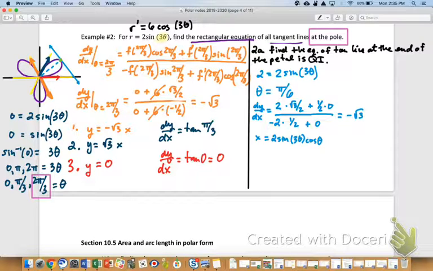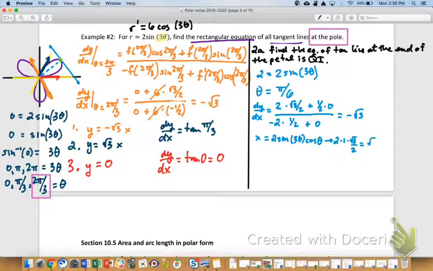Sorry, that's cosine of theta, embarrassing. So if I plug in pi over 6, my x coordinate would be 2 times sine of pi over 2 after I do the canceling, so that's 1. That's nice and easy. And what about cosine of pi over 6? That's root 3 over 2. That's embarrassing. It's all good.